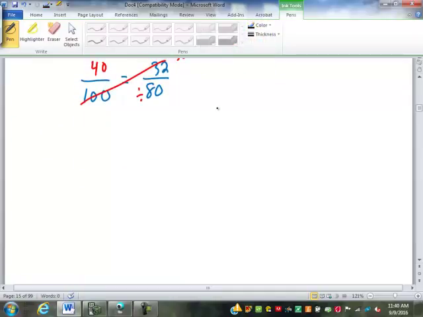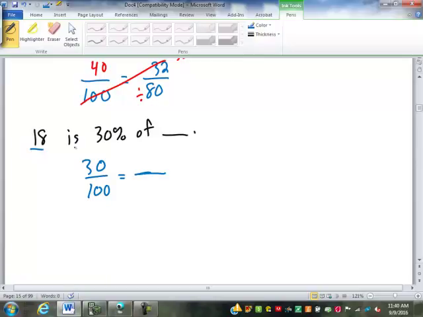We might have $18 is 30% of blank. Well, now we have our percent again. 30% will become 30 over 100. On the other side here, we have the two numbers. We have the 18 and our missing number.